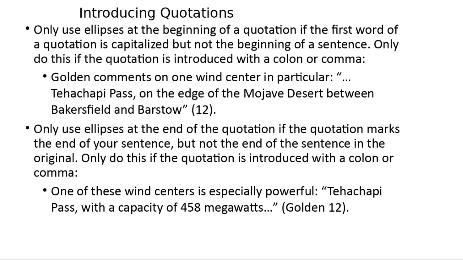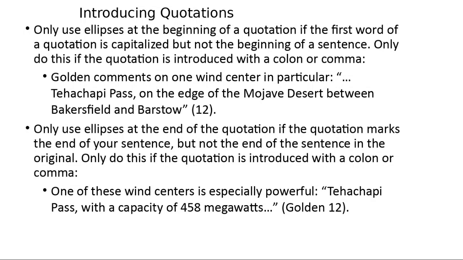All right. So to give you an example, okay, Golden comments on one wind farm in particular, complete thought, colon, quotation. So the first word, Tehachapi Pass, is capitalized, all right, because it's a proper noun. So we can't tell based on the capitalization of that first word whether it's the beginning of the sentence.